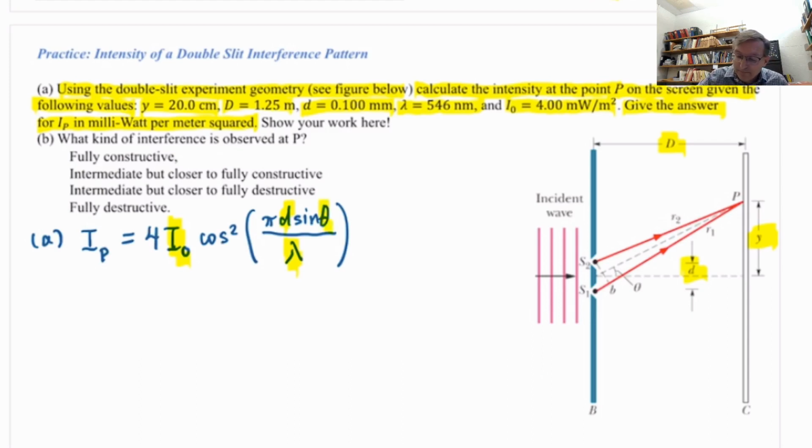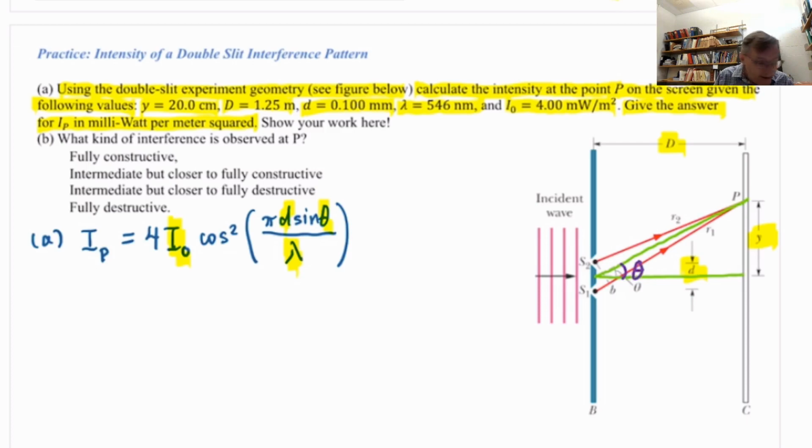The only thing we really have to work at is finding the correct value for the angle theta. Theta is the angle between that central horizontal line there and that line to point P there. That's theta. That's what I have to find.